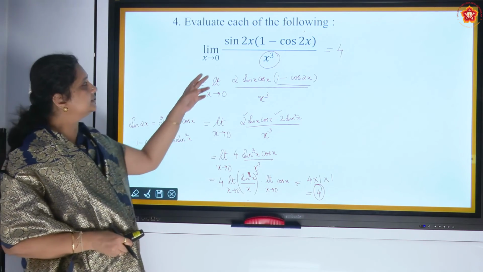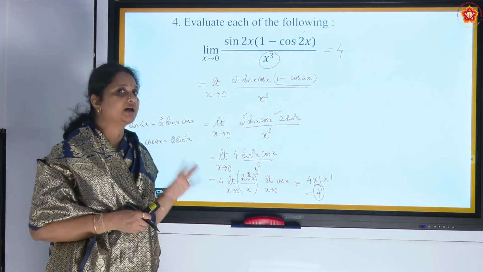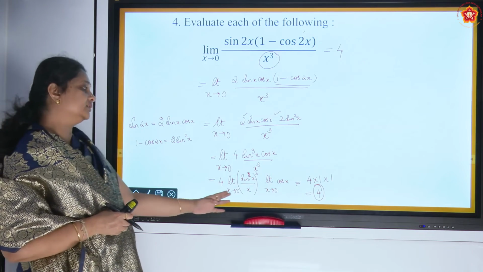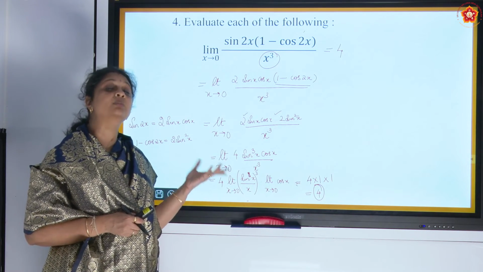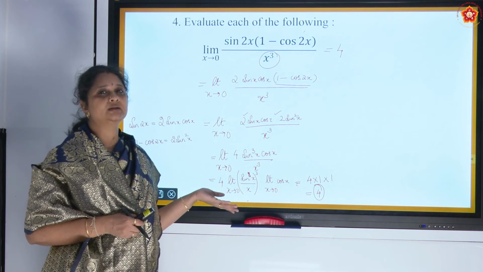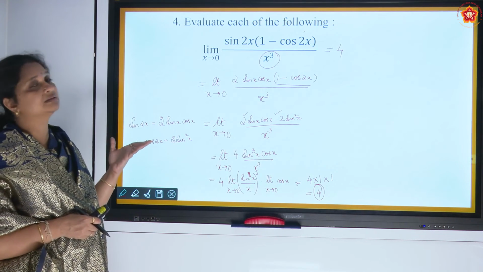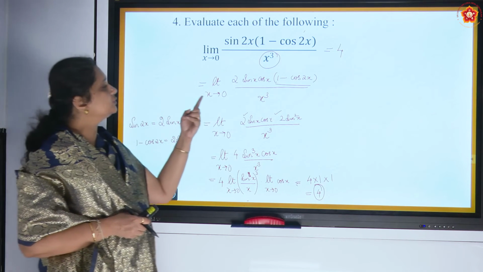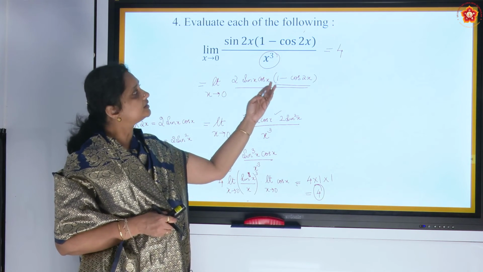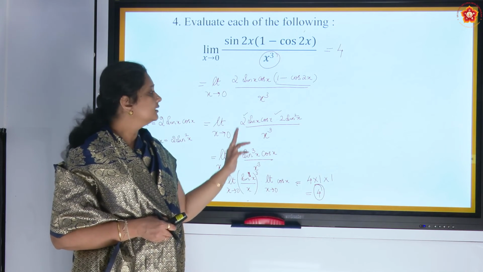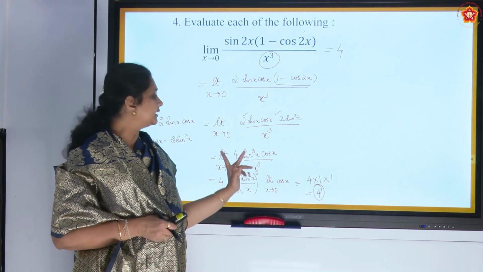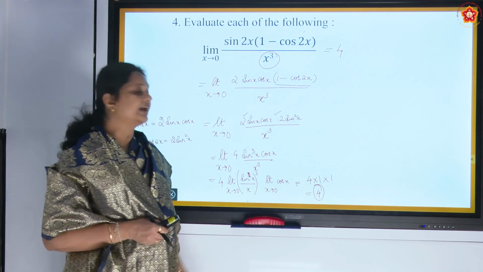What we've basically done is applied trigonometric identities to rewrite the expression in the desired format, wherein I can apply some special limit formulas to evaluate the limits easily. Otherwise, it's giving me an indeterminate form. So sin 2x, I'm rewriting as 2 sin x cos x, and 1 minus cos 2x as 2 sin square x. When I multiply both, I get 2 sin cube x cos x by x cube.